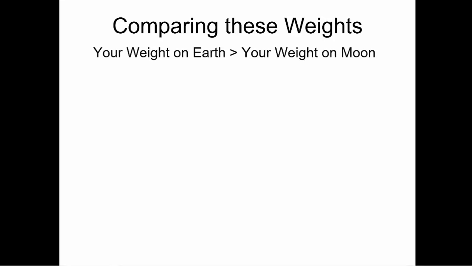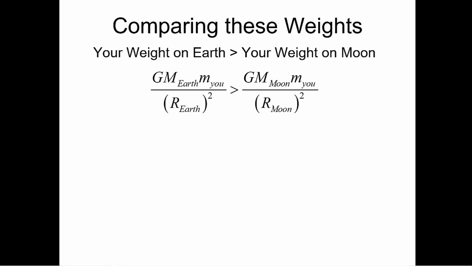If we compare these weights, we know that your weight on the Earth is greater than your weight on the moon. Why is that? Well, let's look at the two equations related to each other. I've kept the greater than symbol here. We've got the G times the mass of the Earth times the mass of you over the radius of the Earth squared there, and then the same thing for the moon on the right side of the greater than symbol.